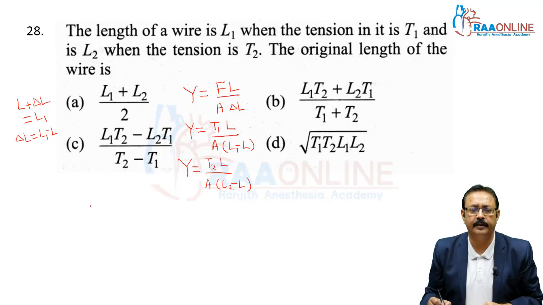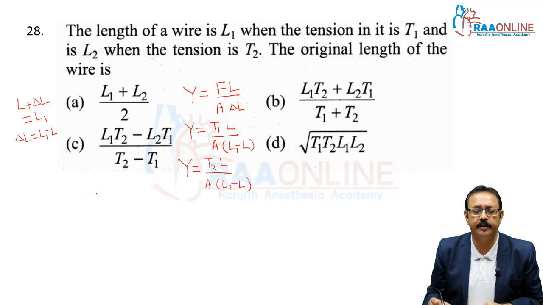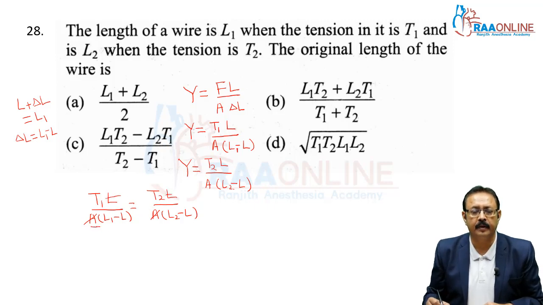Since both are Y, by equating these two equations, what are we getting? T1L by A into L1 minus L is equal to T2 into L divided by A into L2 minus L. Cancel the terms common in both, A and L. What you are getting?